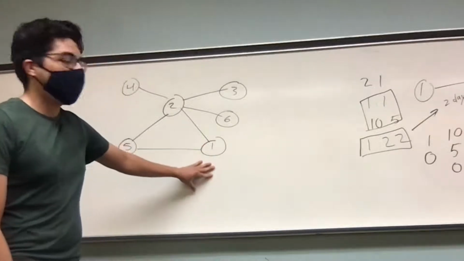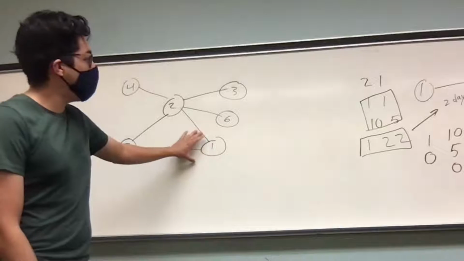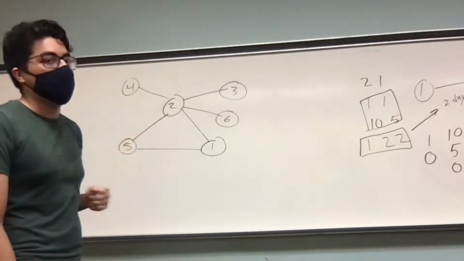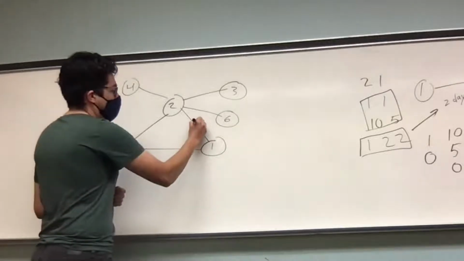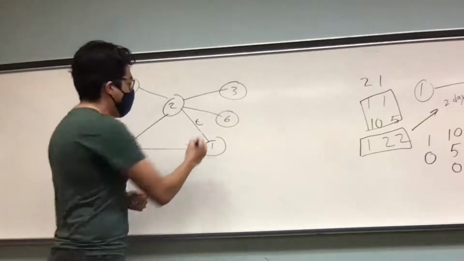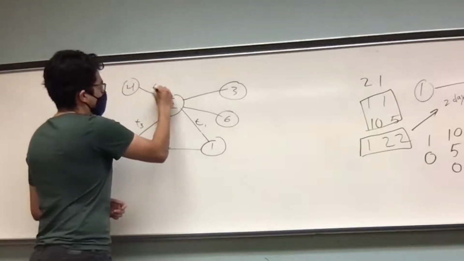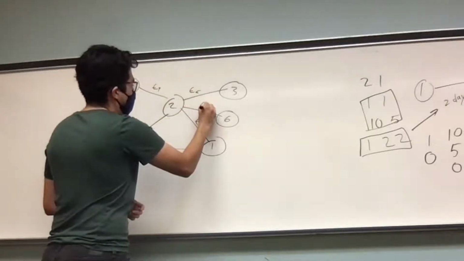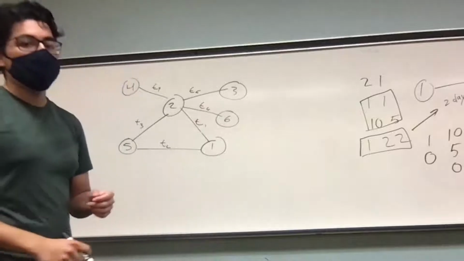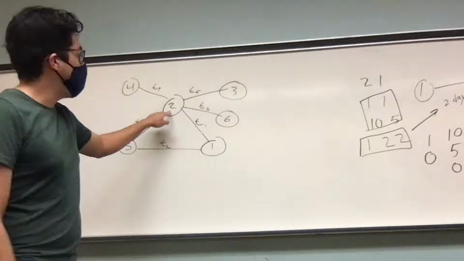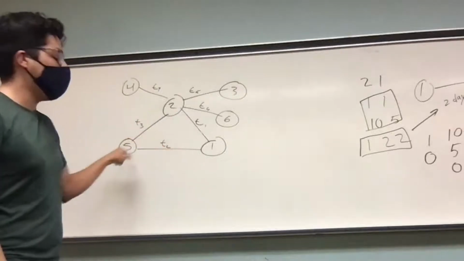We can see this as a starting point, and we can choose to go to either mine 2 or mine 5 from there. And we'll just call these T1, T2, T3, T4, T6. It'll take T1 days to go from mine 1 to mine 2, T2 days from 1 to 5.